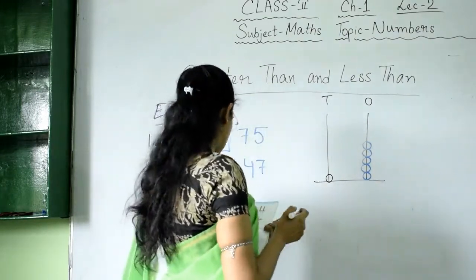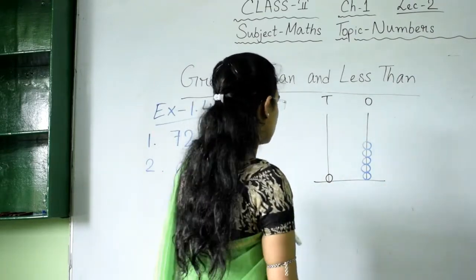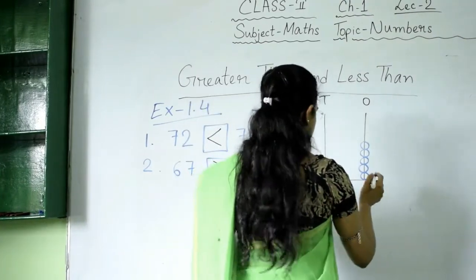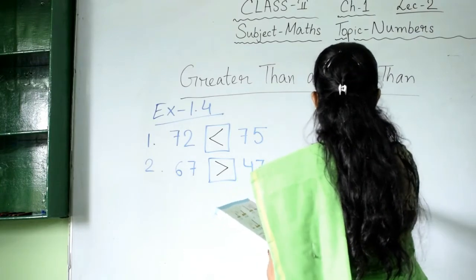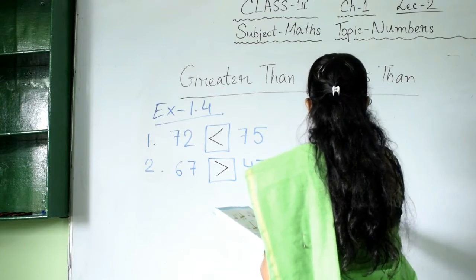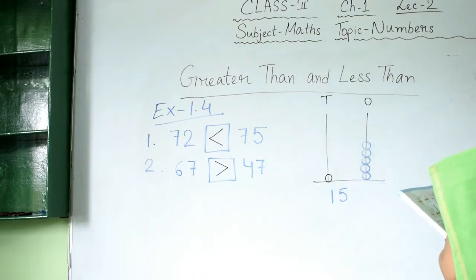So how many balls do we have altogether? Here is 1 and here is 5. That means 15. We have 15 balls in this side.